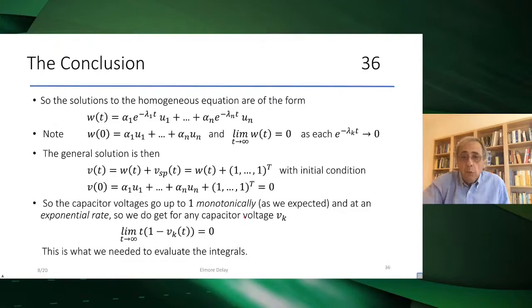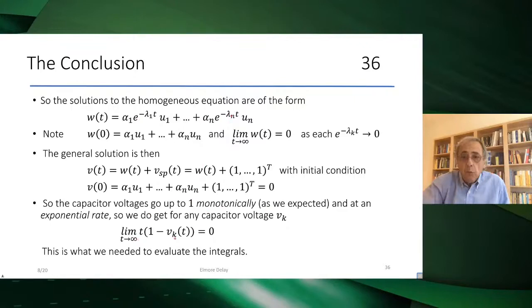By doing that, we have the general solution. We have to adjust the constants to be 0. The lambdas go to 0 at infinity. The lambdas are positive, so e to the minus. We adjust for the initial condition. We have to solve for the alphas. And now we see that the voltage approaches 1 monotonically with this exponential decay rate.